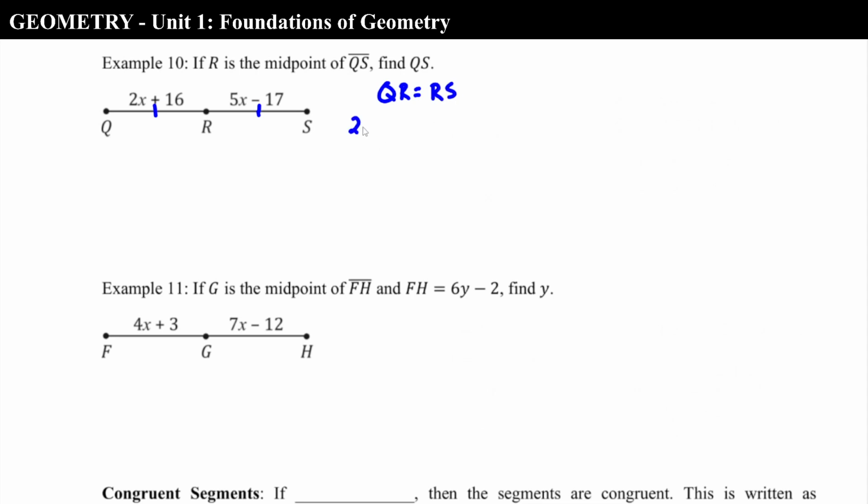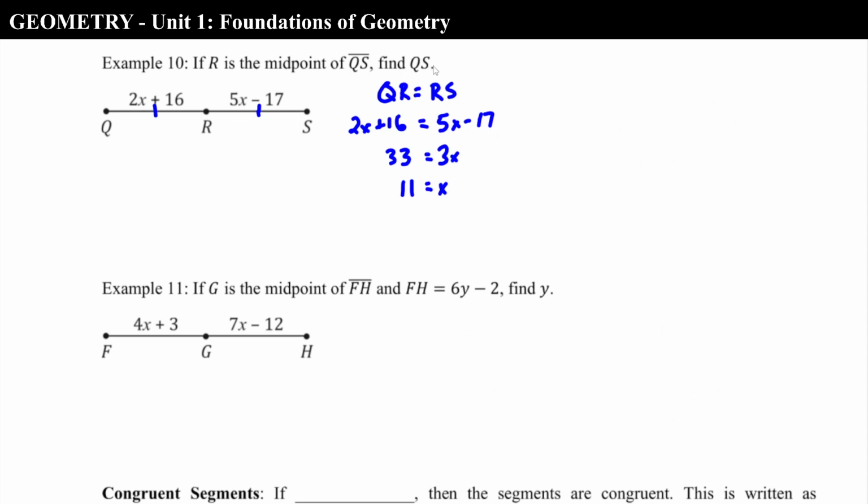So we can put in what each of those are. So let's subtract 2x from 5x. That gives us 3x. Let's add 17 to 16. Doing that gives us 33. And then divide each side by 3. We know that x is 11.